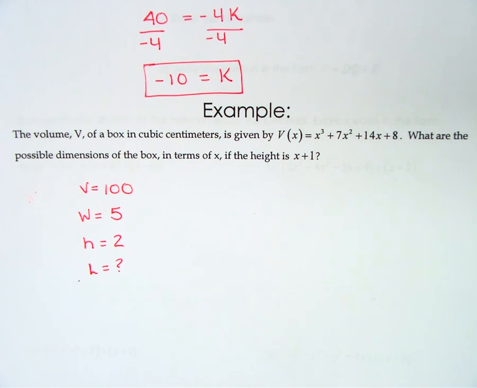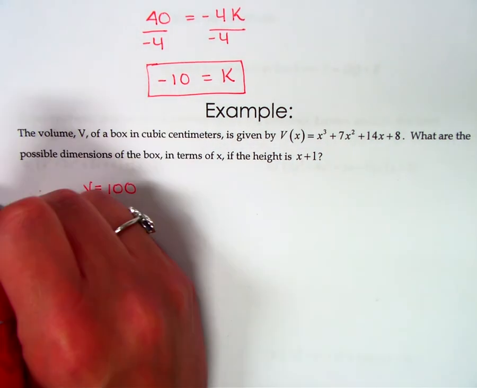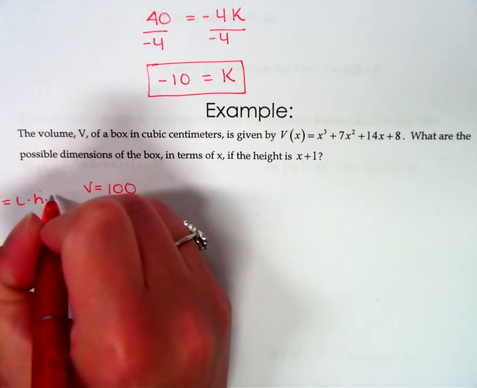It is 10, because we know the volume of a rectangular prism is length times height times width, right? So if you know what some of the factors are, volume equals length times height times width.